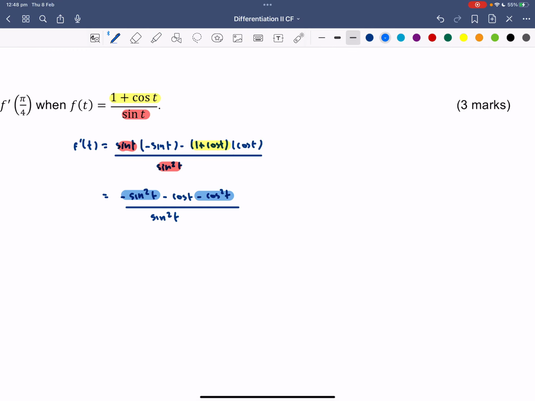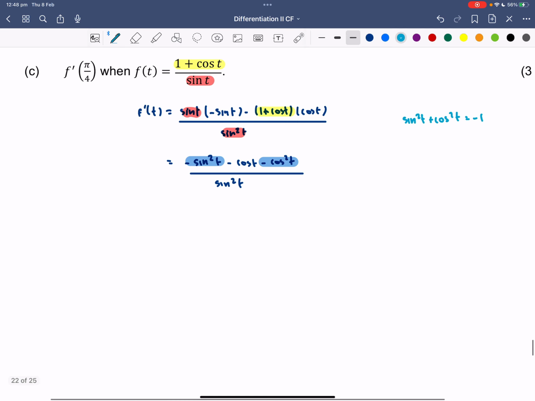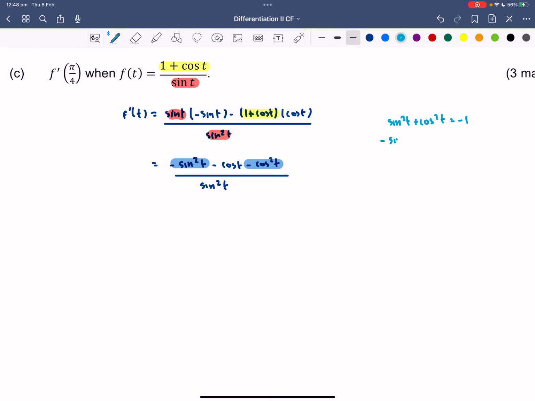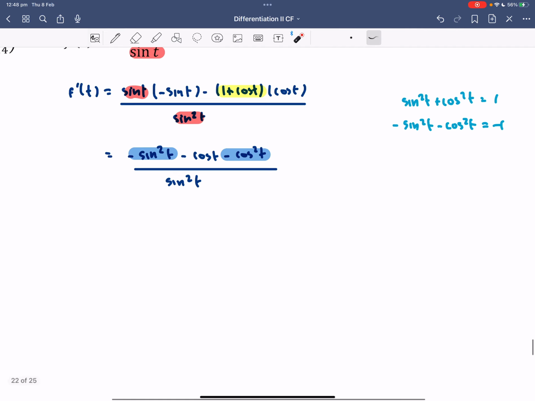Everyone knows that we discussed it earlier, that sine squared t plus cos squared t is 1. Which means minus sine squared t minus cos squared t is minus 1, okay? So knowing that helps. If you didn't know that, no big deal, all right?